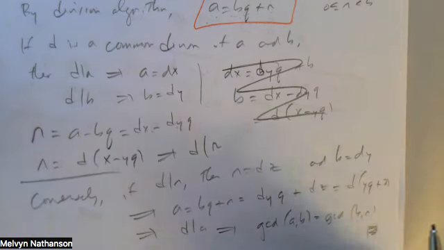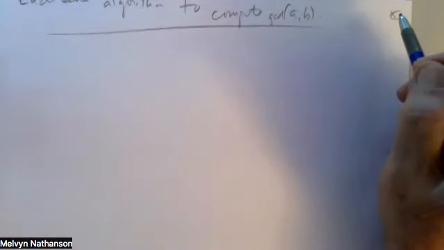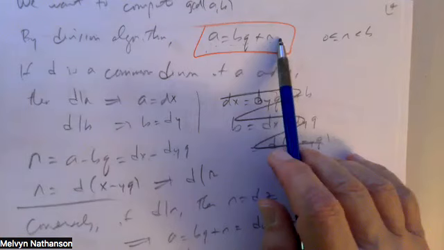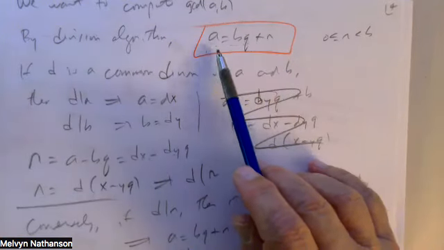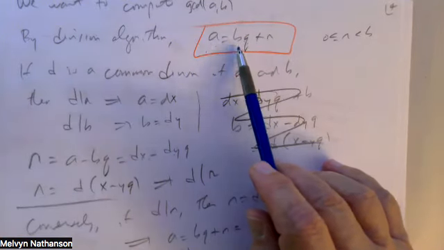So the Euclidean algorithm is basically a computer program to calculate the GCD, greatest common divisor, of two numbers A and B. And it's based on this observation. If you use the division algorithm, write A is BQ plus R, the greatest common divisor of A and B is the same as the greatest common divisor of B and R.